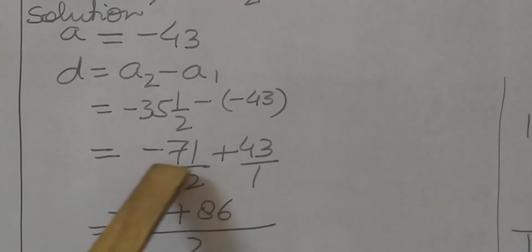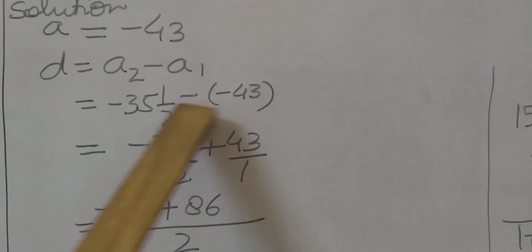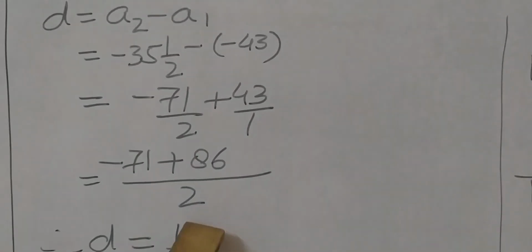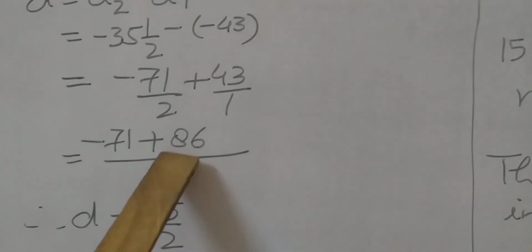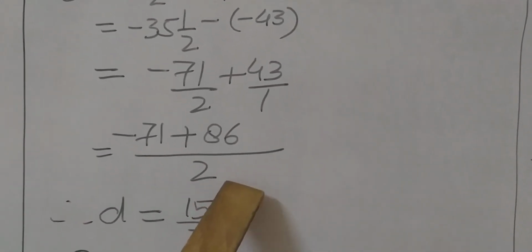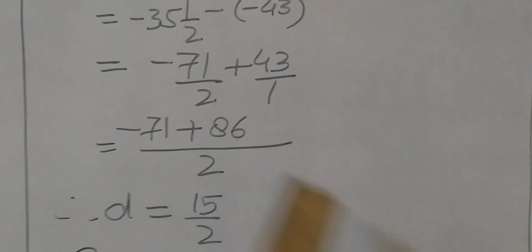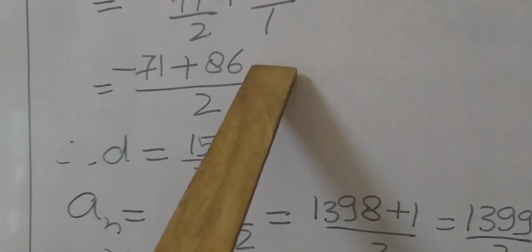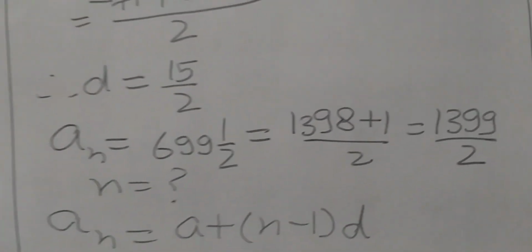Now students, minus 71 upon 2 plus 43 upon 1. We can take LCM 2: minus 71 plus 86. 43 is multiplied by 2, 86. So D equals minus 71 plus 86, which means 15 upon 2.